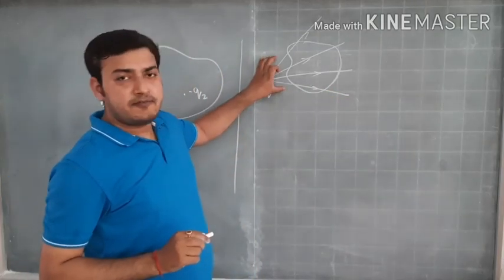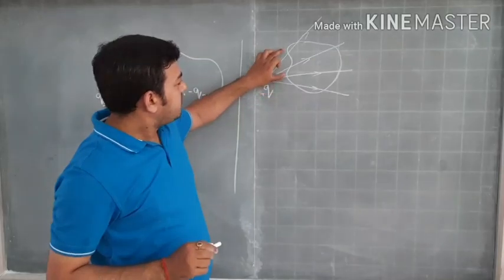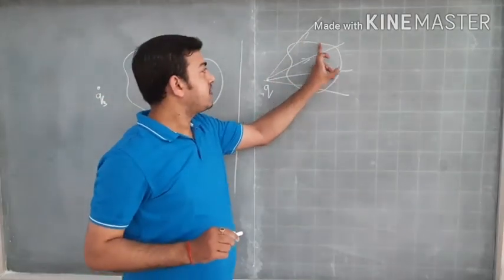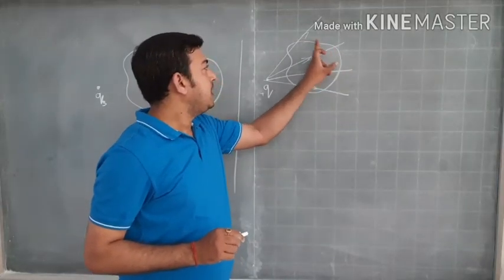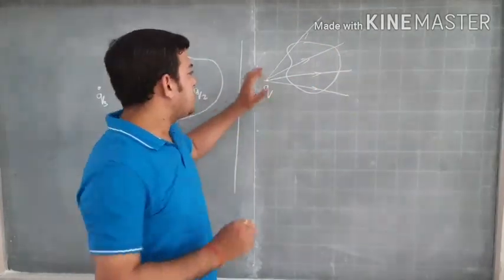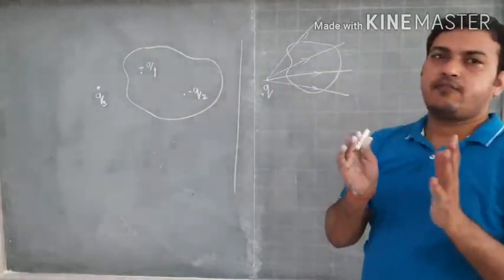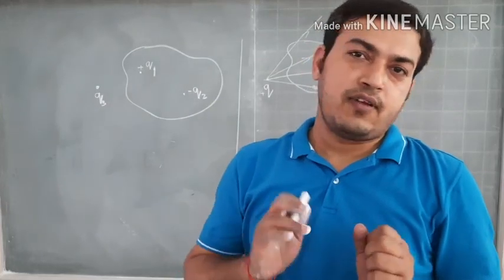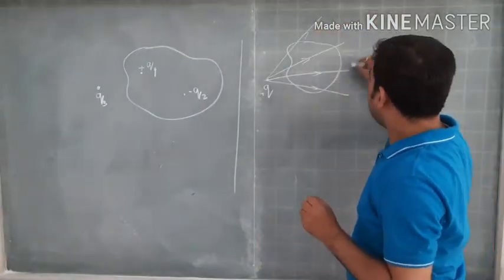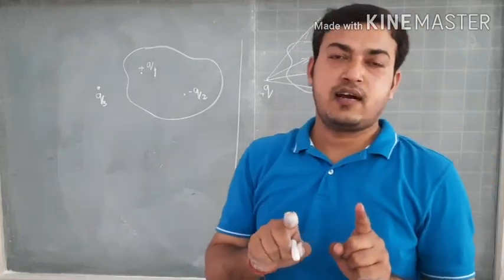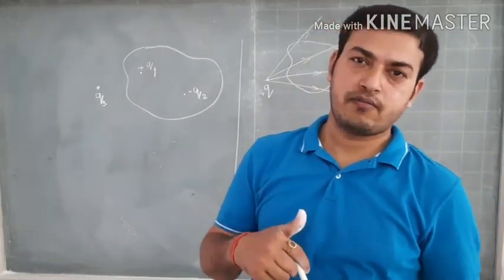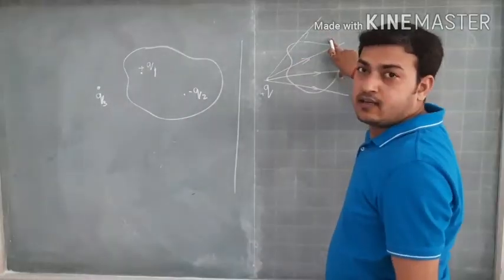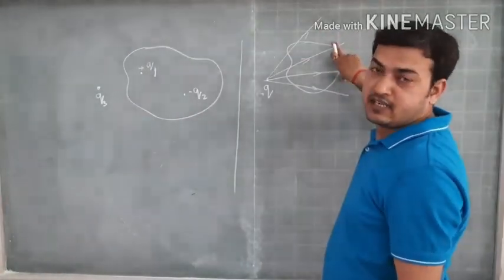The number of field lines that enter from this surface will be exactly the same as the number of electric field lines that will be leaving this surface. So from the left surface the electric field lines are entering. Entering means it is an inward flux, and from this surface the same number of electric field lines are leaving the surface, meaning it is an outward flux. So the amount of entering flux is the same as the amount of flux that is leaving the surface.